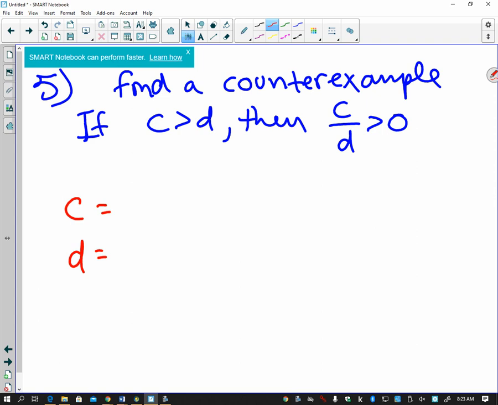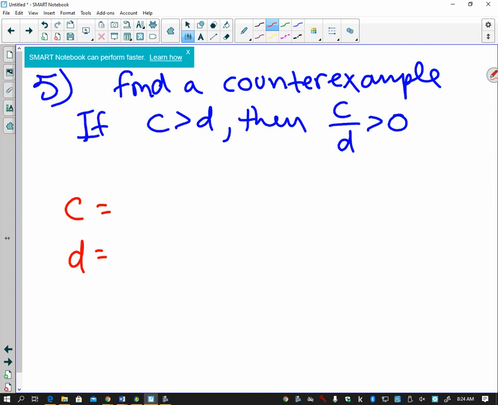His statement was that C over D has to be greater than 0. No. But we're identifying it now so that we don't make that mistake tomorrow. What has to be true is that C has to be greater than D. What cannot be true for this to be a counterexample is C over D cannot be greater than 0.